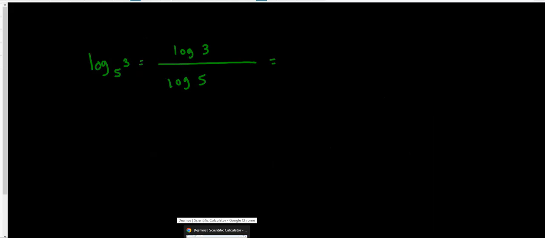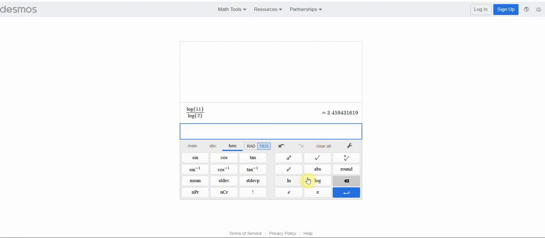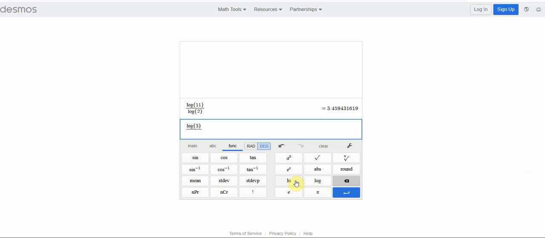So let's do one more for practice, just practice in change of base. Let's say I ask you to find me log base 5 of 3. If I use my change of base formula, that's going to be log of 3 divided by log of 5. And I'll have to use a calculator to figure that out. Okay, so log of 3 divided by log of 5.